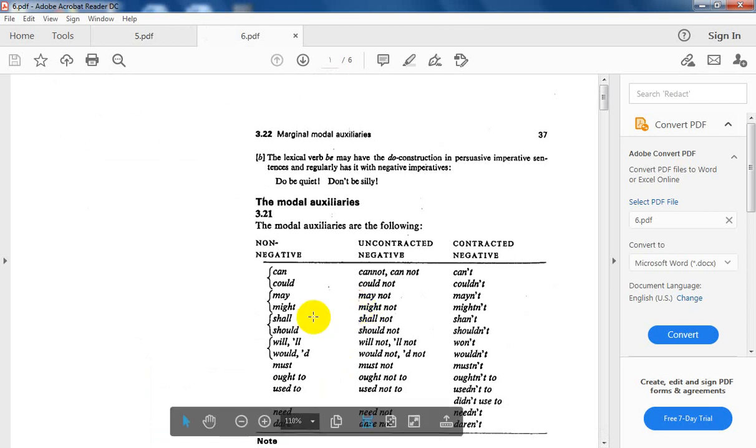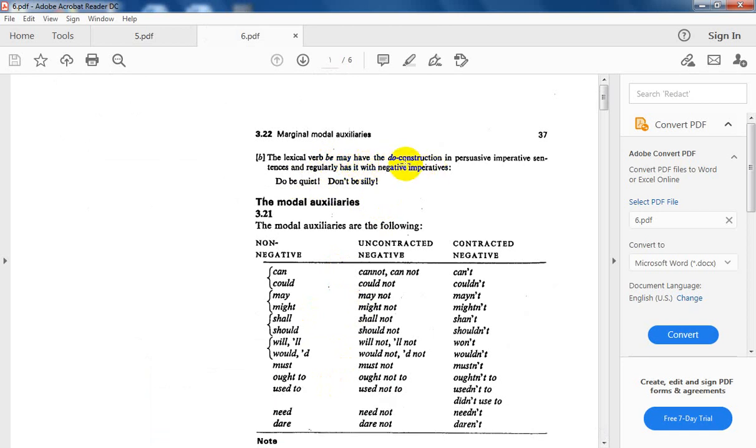Look at this note on page 37. The lexical verb be may have the do construction in what is called persuasive imperative sentences. طبعا by God's will, بال fourth year you are going to deal with such kind of imperatives or persuasive.